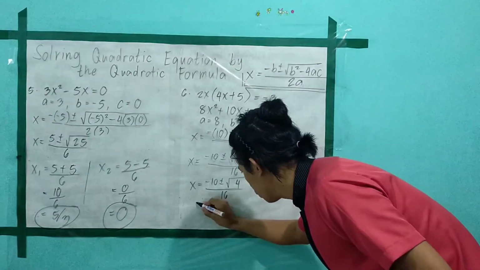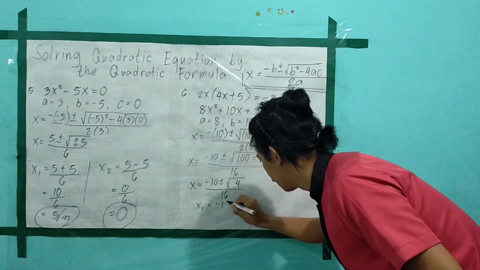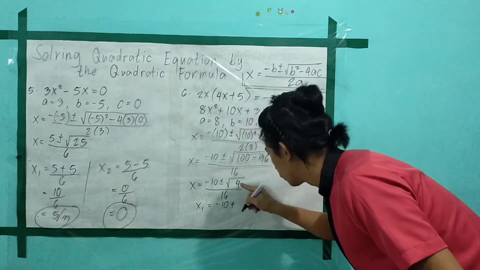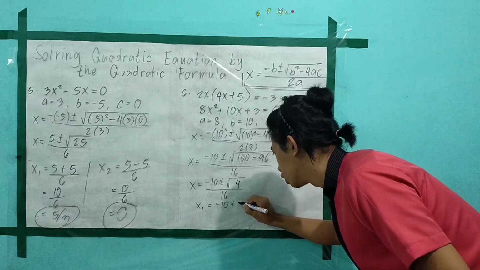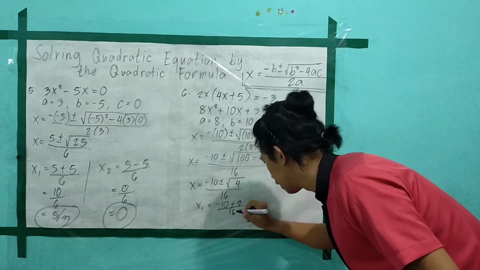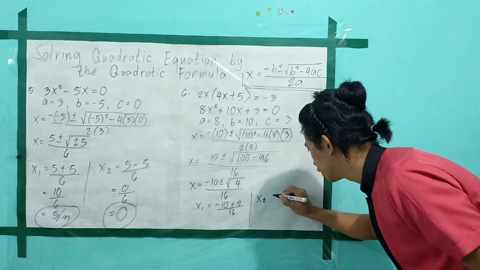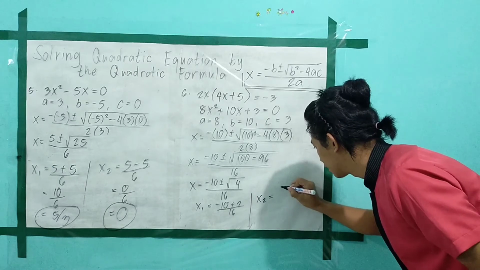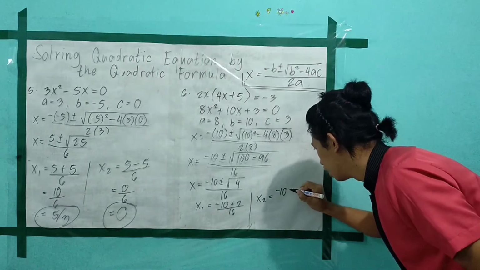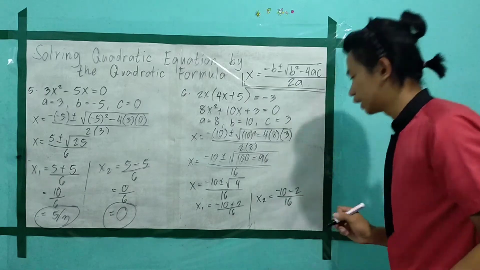So, our x sub 1 is equal to negative 10 plus square root of 4, we have 2 all over 16. Next, x sub 2 tayo. So, we have x sub 2 is equal to negative 10 less 2 all over 16.